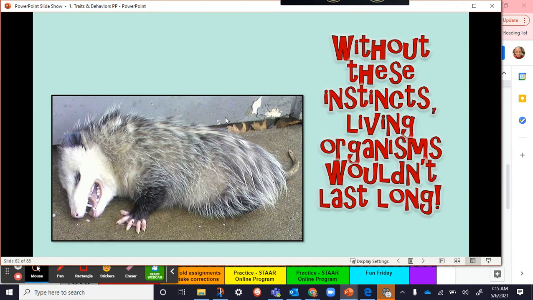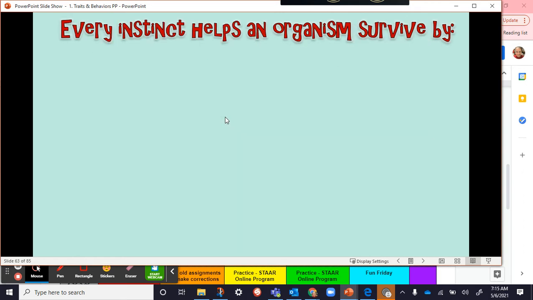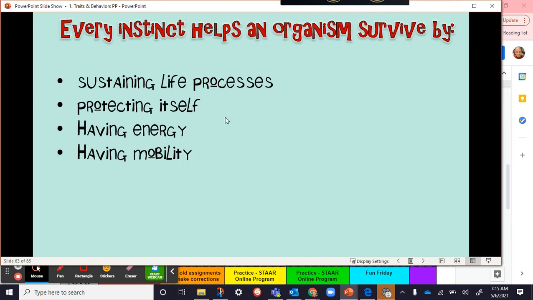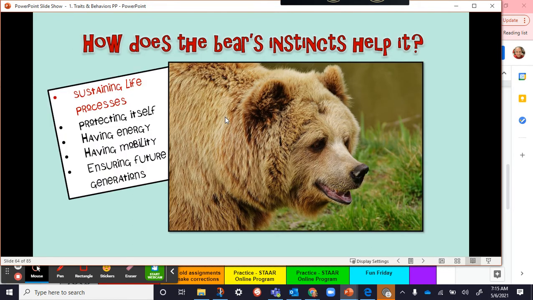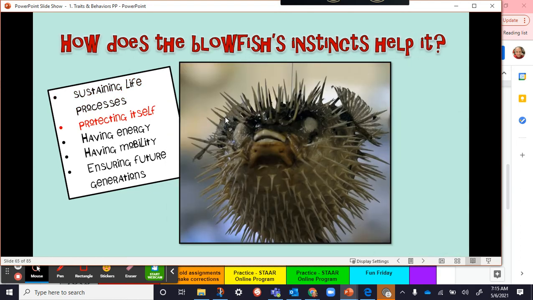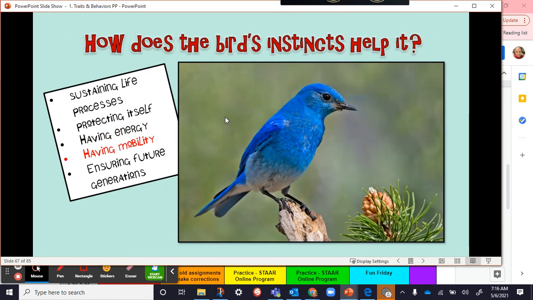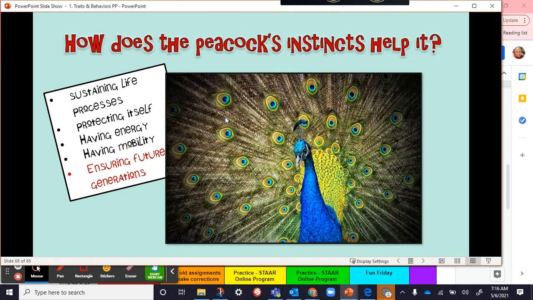And it says without these instincts, living organisms wouldn't last long. And so every instinct helps an organism survive by sustaining life processes, protecting itself, having energy, having mobility, ensuring future generations.